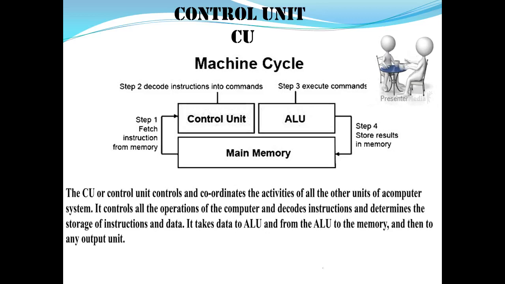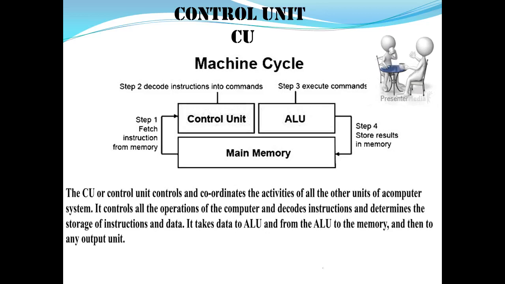In step 1, the control unit fetches the instruction from main memory. Fetch instruction means it takes the instruction from main memory. In step 2, the control unit decodes the instruction into a command. Decode instruction means it converts the instruction into a secret code, right?